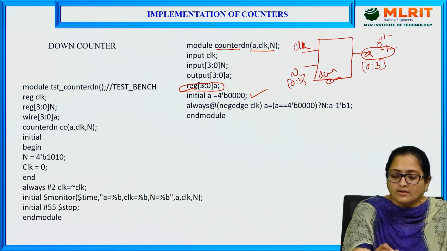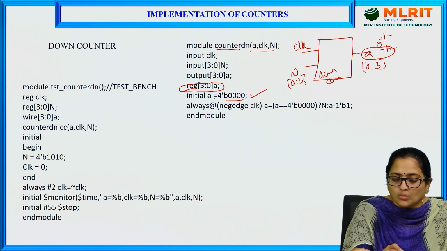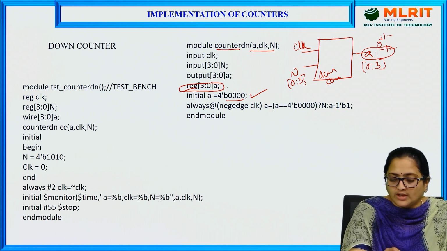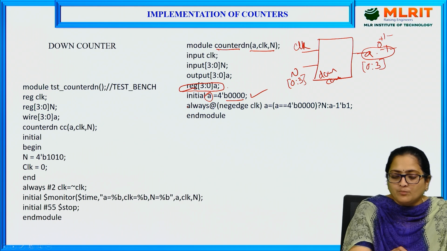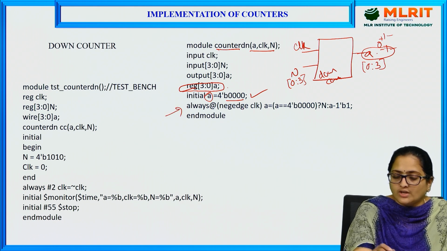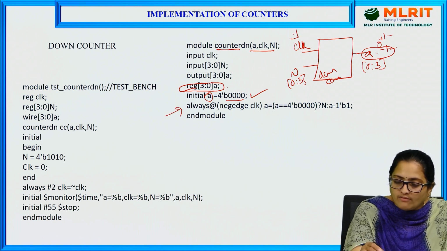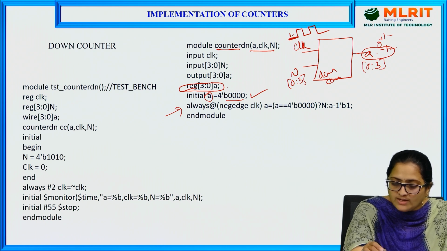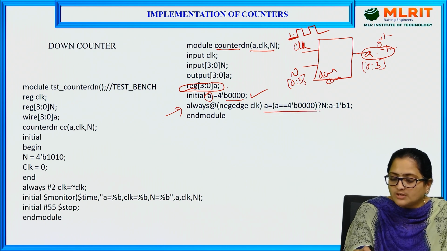Before giving a 4-bit binary value of 0 to A, represent A as a register, reg 3:0. Now you can store a value in a variable. Now, always at the negative edge of the clock: the clock will have a positive edge and also a negative edge. When the clock has a negative edge, only then I am asking to perform this particular operation.